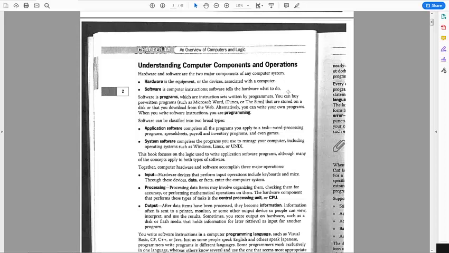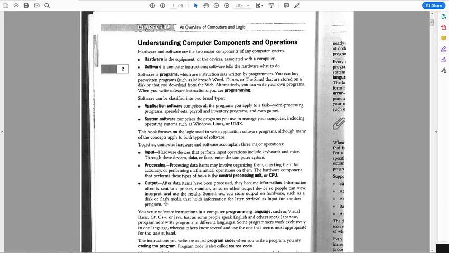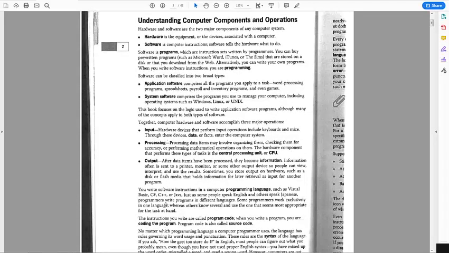Software tells the hardware what to do. So you got to know the word and its definition, and you got to know the definition that attaches to the word. So note cards come in handy for how you study each one of these things. So know all the bold words that I have here: input, process, and output, application software, system software. All these things are viable communication in our computer science world as well.